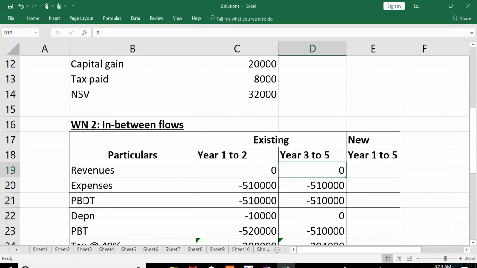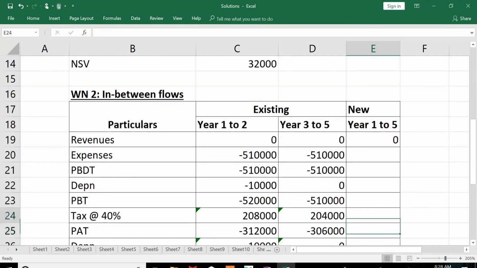What is the revenue this new machine is going to generate? On a standalone basis, is there any revenue? Don't talk about cost saving, any revenue? 0. Expenses are 2 lakhs. PBDT.